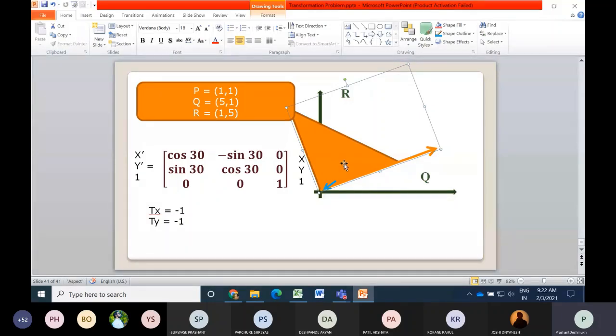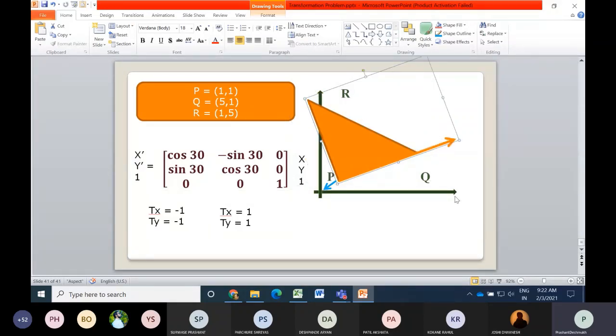And in the third step, we have to translate back to its original position. In that case, your Tx will be equal to 1 and Ty will be equal to 1. So this point, which is P, will again be at its original position.